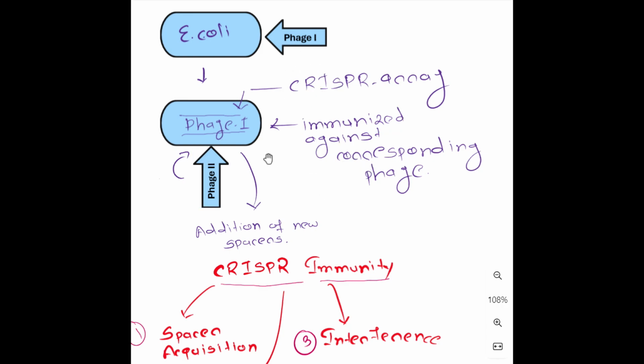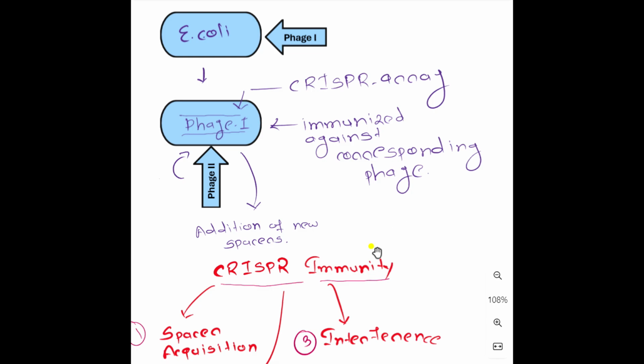And in future, if the same cell gets infected with a different kind of phage, using the CRISPR system, the cell would generate the spacer against the genome of phage 2 and subsequently would get immunized against phage 2.